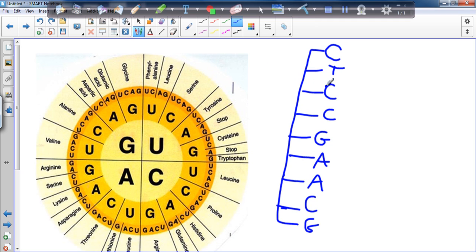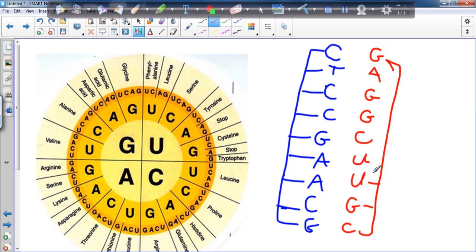So what we need to do is convert this to messenger RNA. So C goes to G, T goes to A, G, G, G goes to C, A goes to U, U, G, C. So this is my messenger RNA.